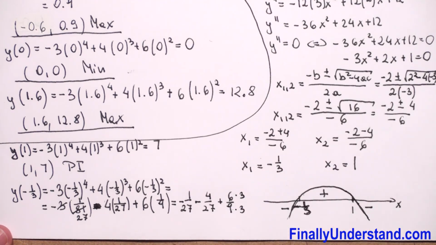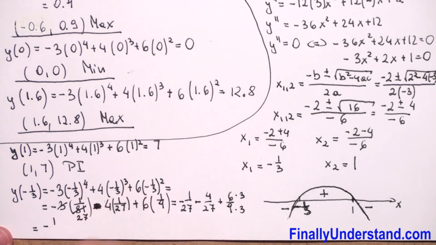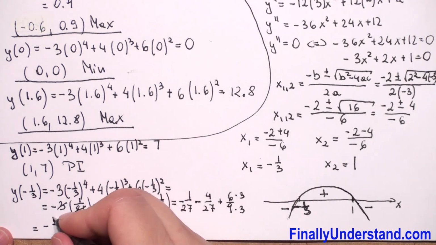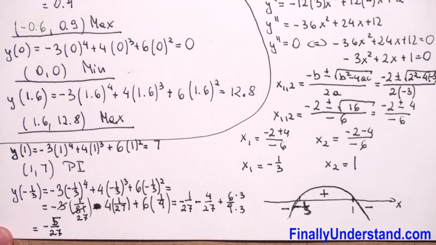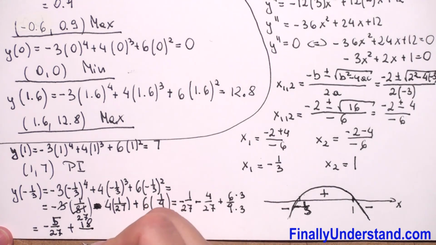So let me write this: negative 1/27 minus 4/27 is negative 5/27 plus 6 times 3 is 18/27.